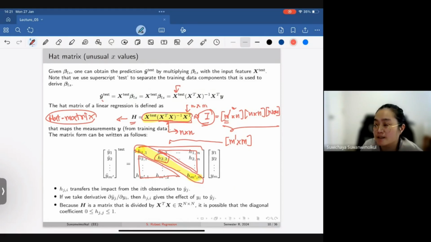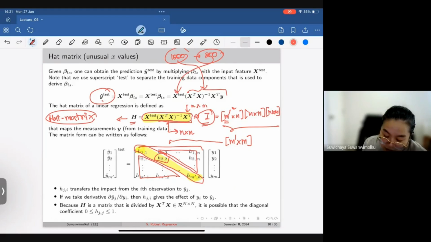If we suspect that some proportion of our training data is not aligned with the majority of the data, for example, if you have 1,000 training samples and around 200 of them may be outliers, then maybe you can put these 200 as your testing and the 1,000 as your training, and see if your y hat corresponding to these 200 is aligned with your measurements.